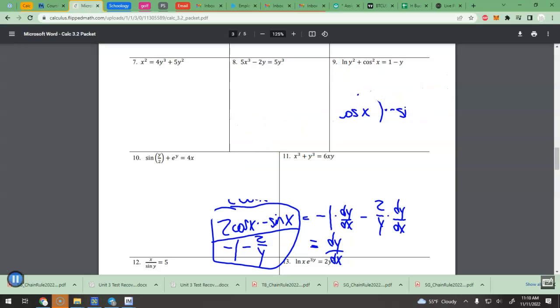Like all the other problems, let's look at the answers 17 different ways and make sure we understand. So what if I did this? Is that the same thing?